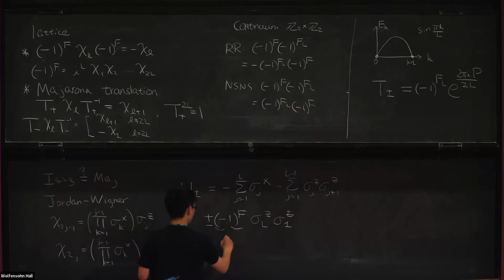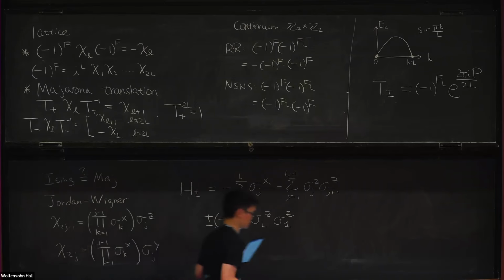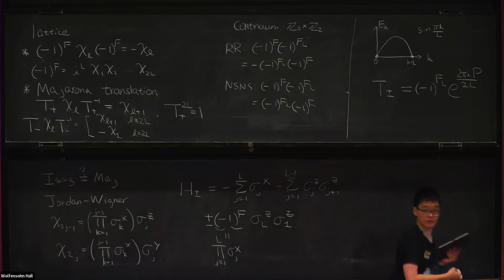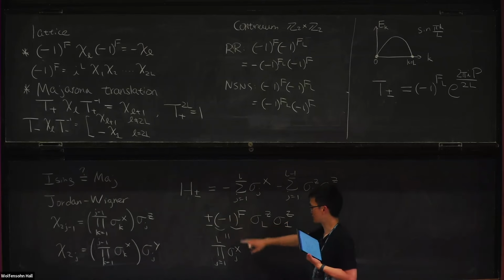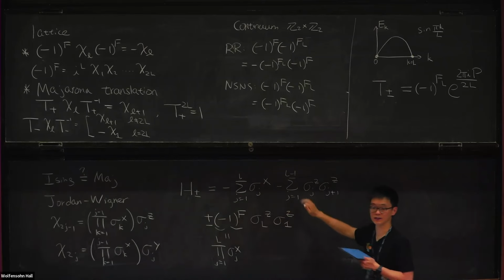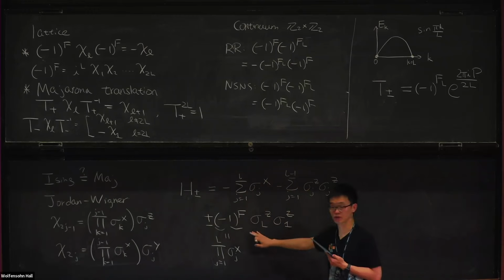Where (-1)^F, if you write it in terms of the Paulis, is just a product of all the sigma x. So that means globally, the Majorana model is actually not identical to the Ising model. There's one term that doesn't quite match.